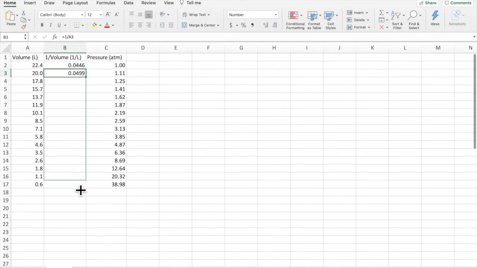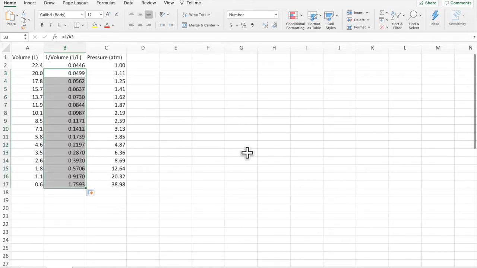And by pulling it down, that is going to copy that all the way down. So if I click on this, it basically did all of those things for me. It applied that same formula all the way down. So it's taking 1 divided by the cell over to the left and doing that calculation. So now I've taken the reciprocal of all of my volumes.